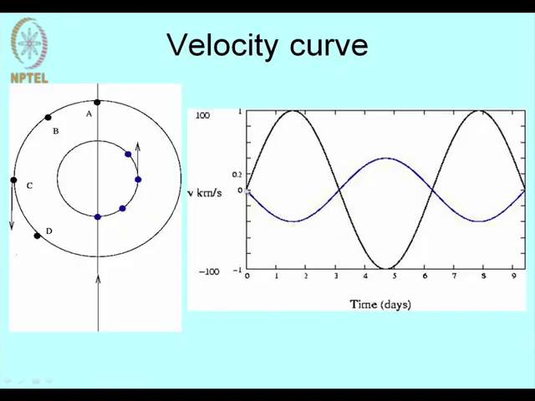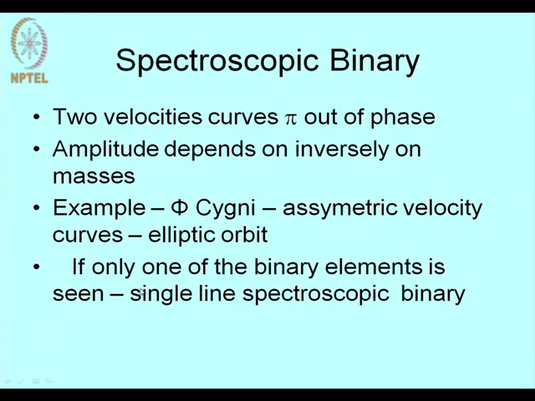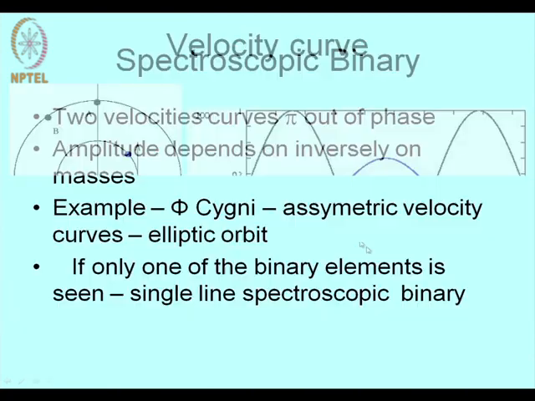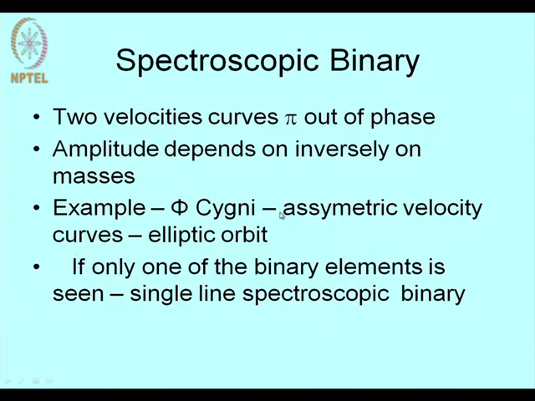So, what we have considered over here is a circular orbit. In general, even if you have a circular orbit, it will not be viewed exactly edge on, there will be an inclination angle effect, and typically you will not have circular orbits, you may even have elliptic orbits, and for elliptic orbits you will not have exact sinusoidal curves like this, you will have asymmetric curves, which is the situation for phi Cygni.